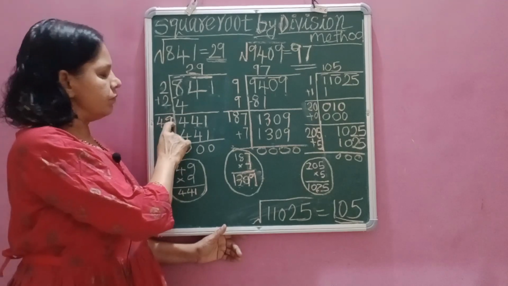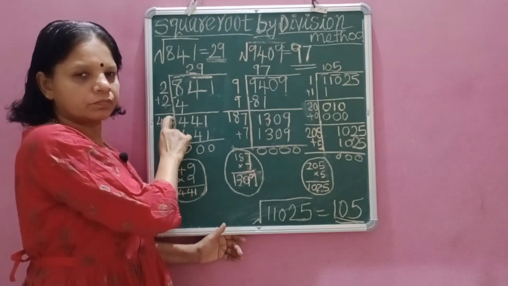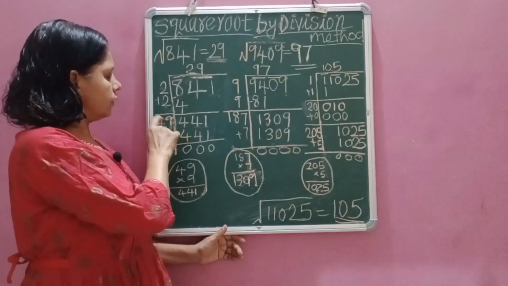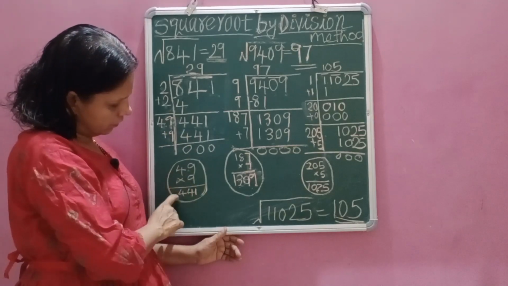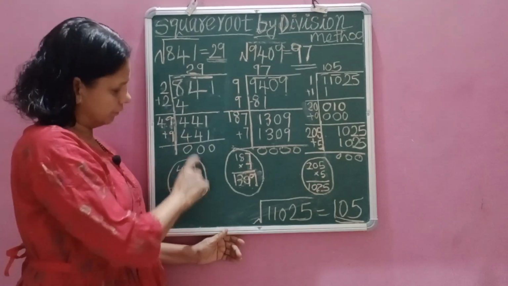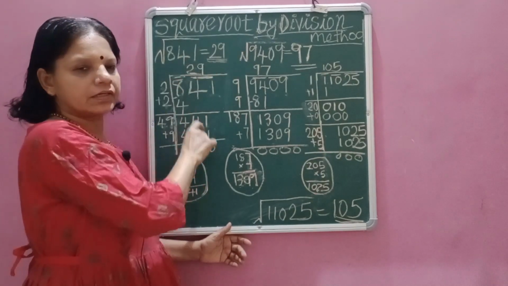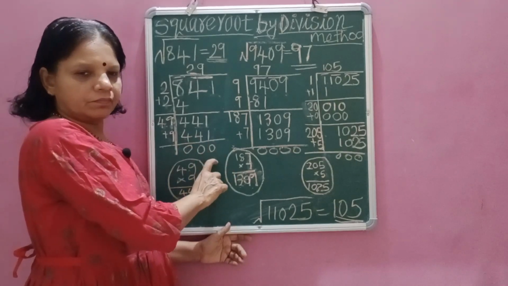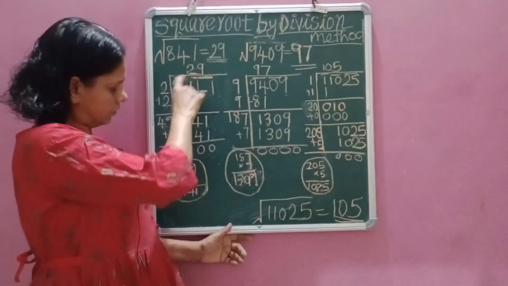So 9 will be the suitable digit to be placed here. If you write 9 here, then 49 into 9 is equal to 441. If it is a perfect square, it goes exactly and the remainder will be 0. So here also you have to write 9.